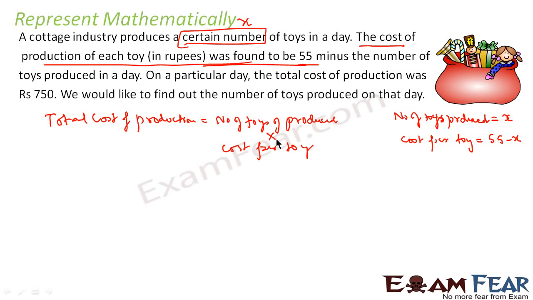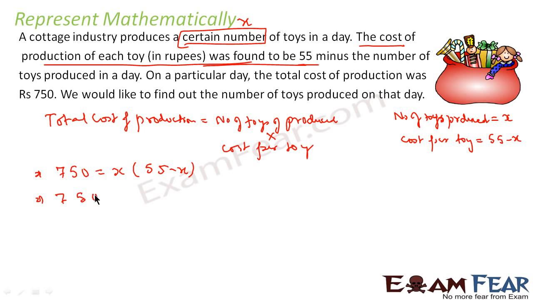See, if you have 5 toys and for each toy you are charging 10 rupees, total cost is what? 50 rupees, 5 into 10. Similarly here the total cost of production will be number of toys produced into cost per toy. So what we will write here, this is 750 is equal to number of toys produced, which is x, and the cost per toy is 55 minus x, correct? So let's solve this.